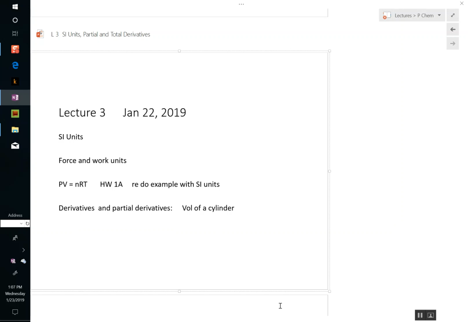A joule is a Newton meter. So we got a force times distance. And there's a relationship now between this and this. Newton meter, kilogram meters squared per second squared. I want to get the R values.